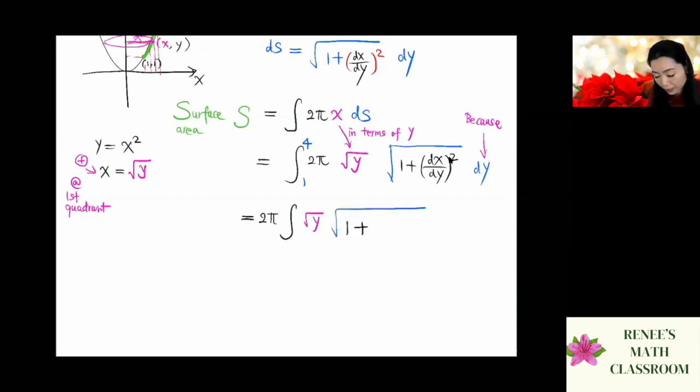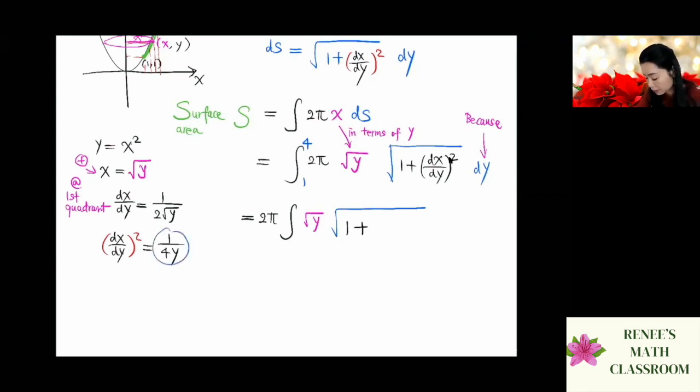Okay, let's find dx/dy. Dx/dy over here is going to be 1 over 2 square root of y. We did that many times, so we kind of remember this already, okay? Now when I square that, that is going to be 1 over 4y. So now we put this back over here. So it's 1 over 4y, now here dy.